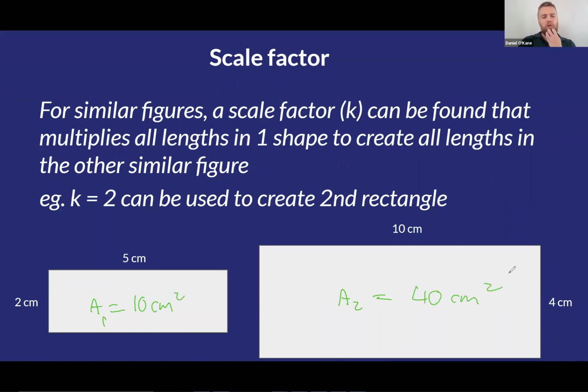With the scale factor, you don't multiply the area by 2, you multiply the area by 2 squared. So it's actually K squared times the first area. That's how you can use scale factors to also find the area. Although the dimensions have been enlarged by a factor of 2, the area is increased by a factor of 4, 2 squared in this particular case.